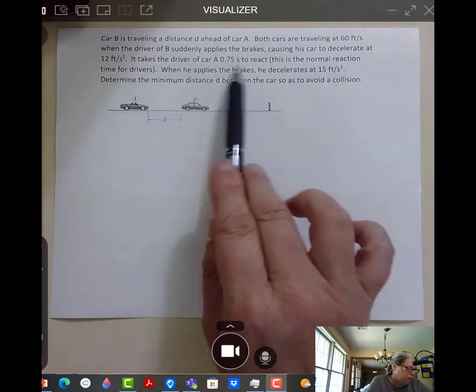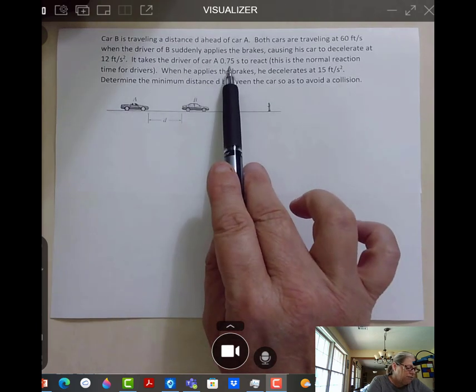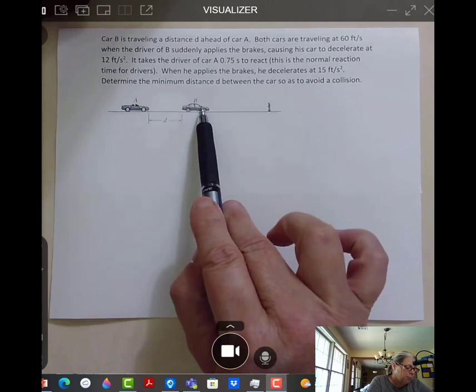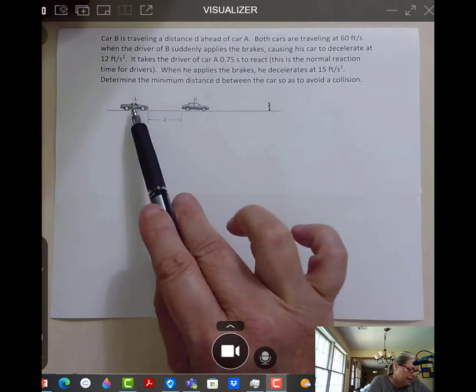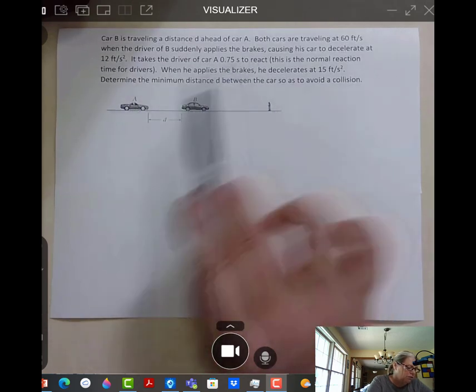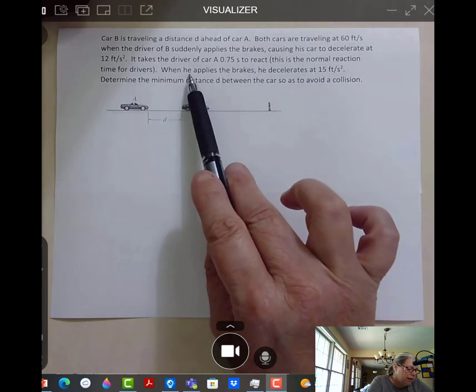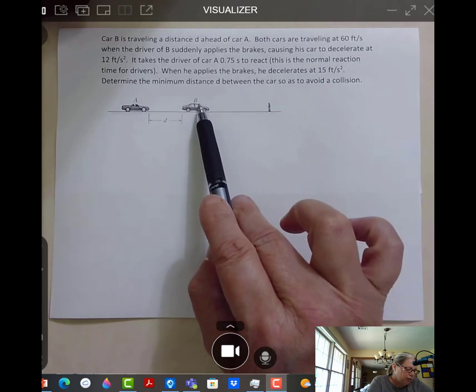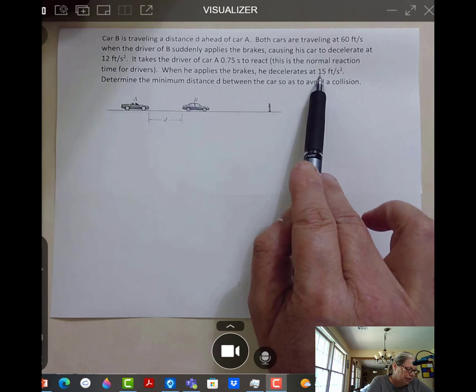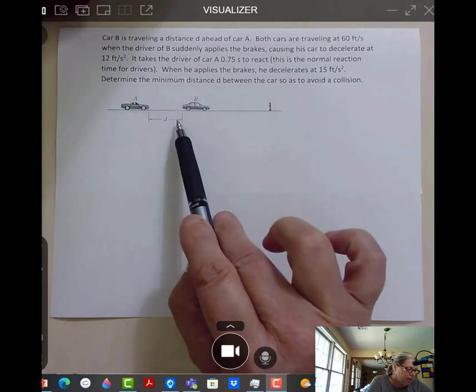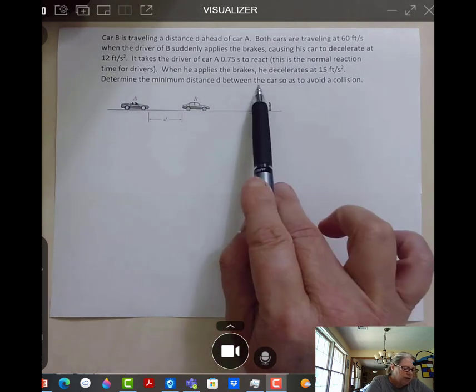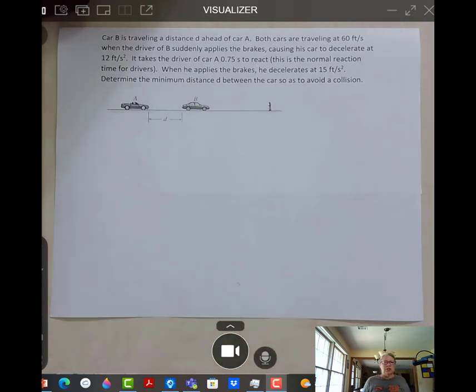It takes the driver of car A 0.75 seconds to react. So he slams his brake, 0.75 seconds, before his deceleration hits. When he applies the brakes, he decelerates at 15 feet per second squared. Determine the minimum distance D between the cars so as to avoid collision.